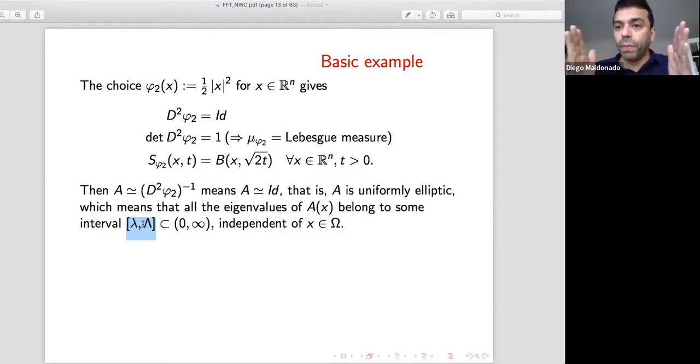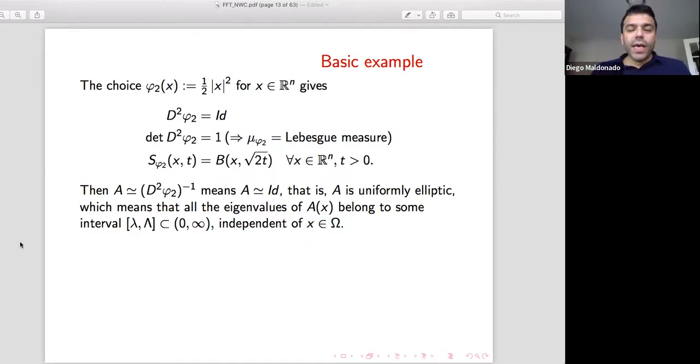So there is this finite box, lambda to Lambda, that hosts all the n eigenvalues of this matrix for almost every x in Omega. The box doesn't depend on x. So all the eigenvalues dance in that little interval as you move x.